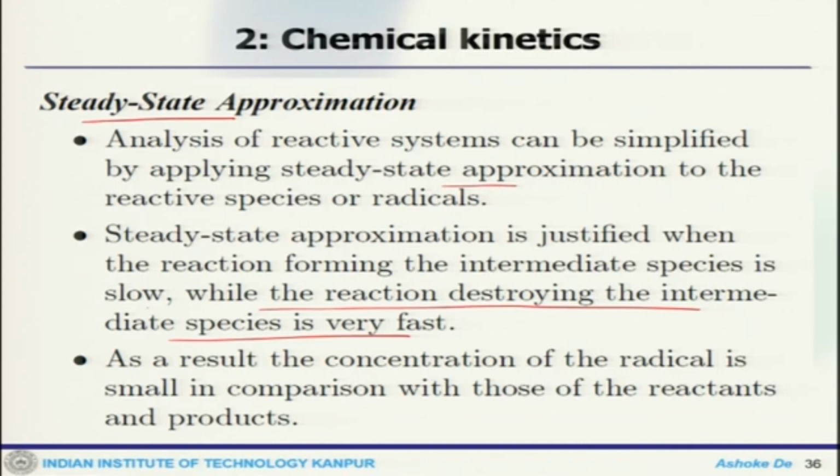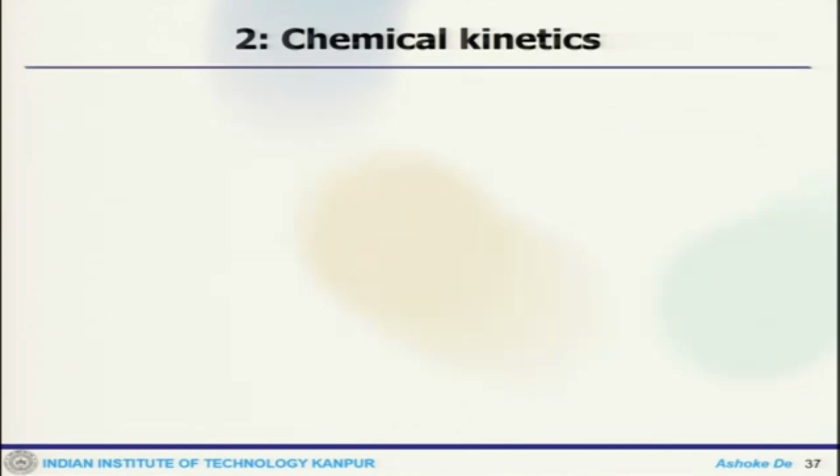So, the result of that is that the concentration of the radical is small in comparison with those of the reactants and products. So, we can take again an example. For example, the NO formation mechanism, which is very well known, is the Zeldovich mechanism.